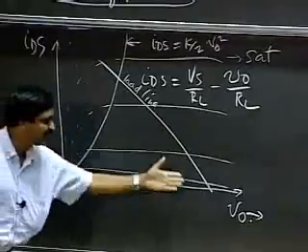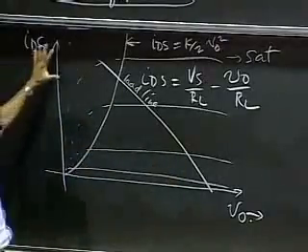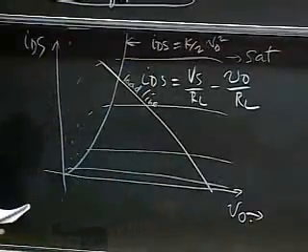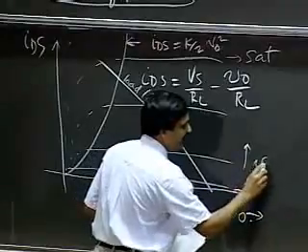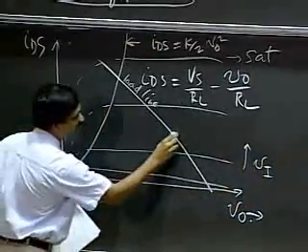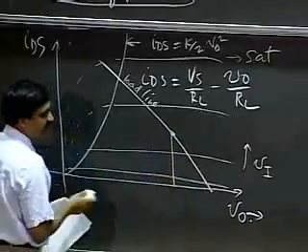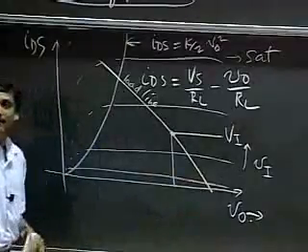Okay, so I superimpose a load line on the device characteristics, and I'm going to show you a little demonstration based on that at this point. These curves were drawn for increasing values of Vi, and if I choose some operating point here, then this point would correspond to some bias.